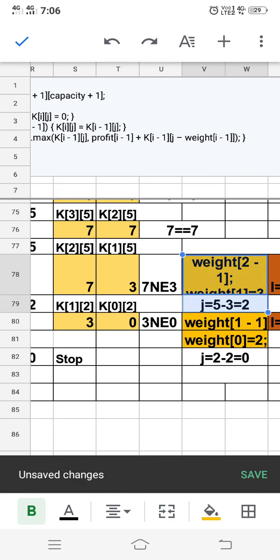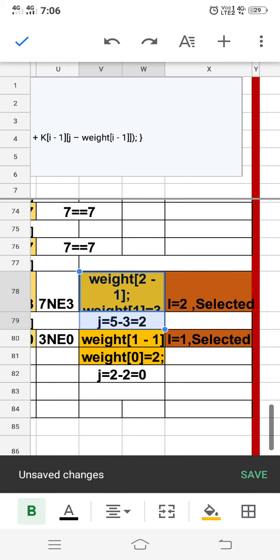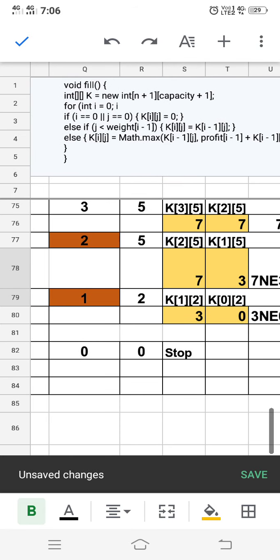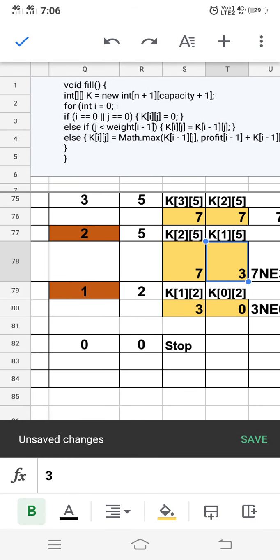So here the object selected is i equal to 2. Since both values are not equal, that index of i gives us the item which is selected, and j is decremented to 2, and i is decremented to 1.